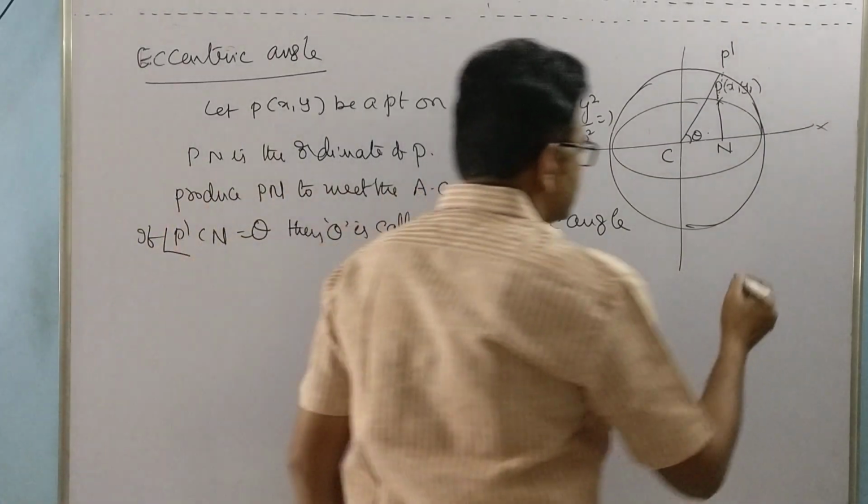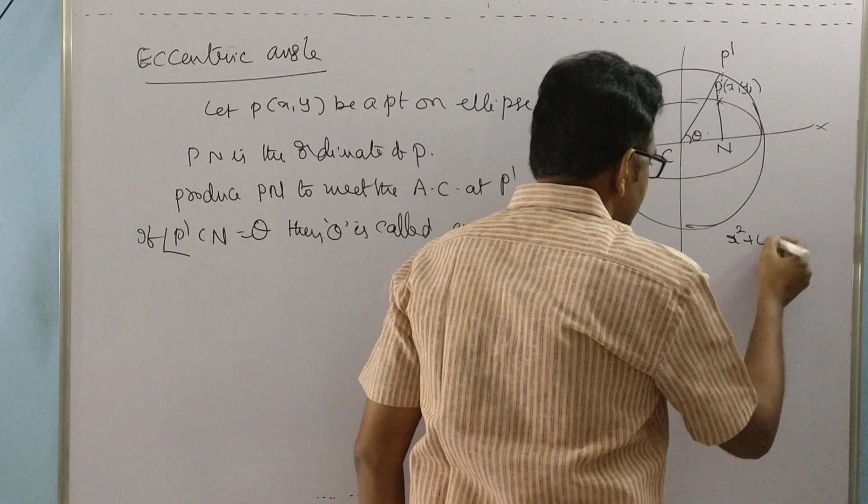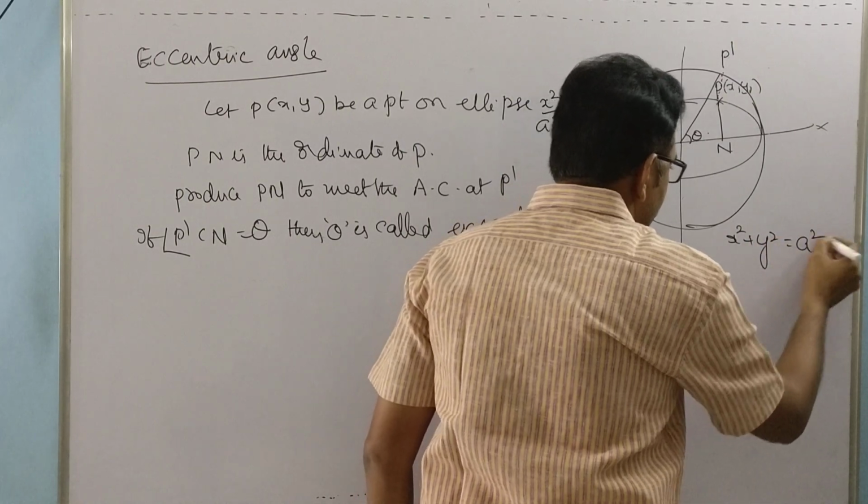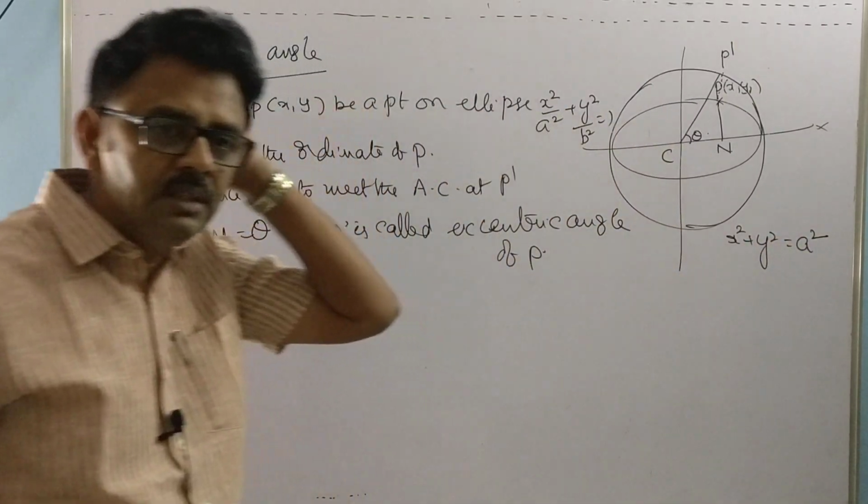What about the auxiliary circle equation? x square plus y square equal to a square, that is the equation of the auxiliary circle.